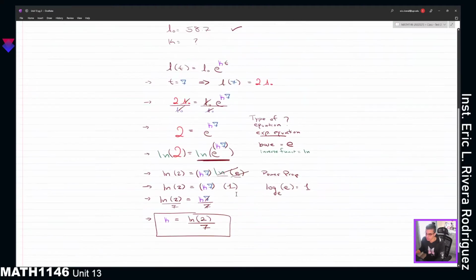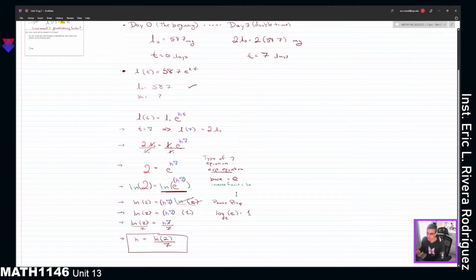Okay, why were we doing this? Because we were looking for the value of k in the law of exponential uninhibited growth. Law of uninhibited growth. Okay, so now we are ready to complete the formula.